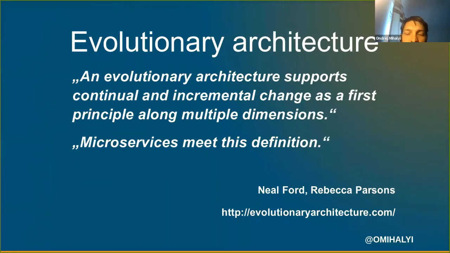This is the essential idea of evolutionary architecture that Neal Ford and Rebecca Parsons from ThoughtWorks very often talk about. And I like this concept because it saves a lot of money and frustration in the beginning, if we build our architectures and applications for future evolution.